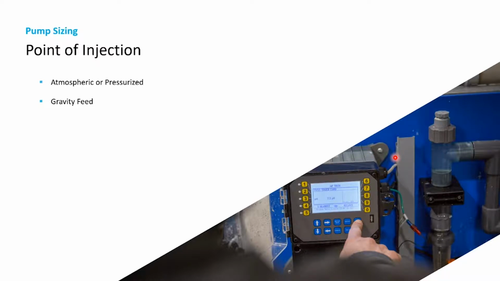The volume that it can pump at 150 PSI is going to be less than it is at 50 PSI. So you need to make sure you understand your pressures in these recirc lines, so that you can dose the appropriate amount of volume.